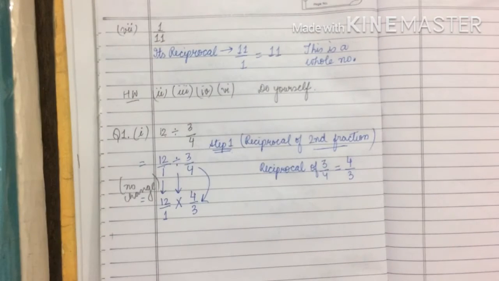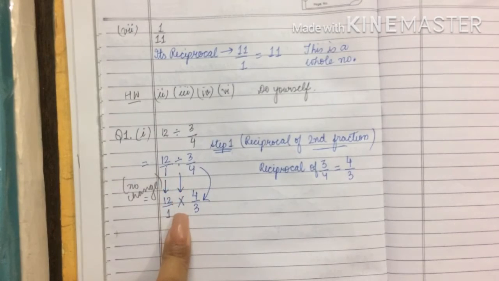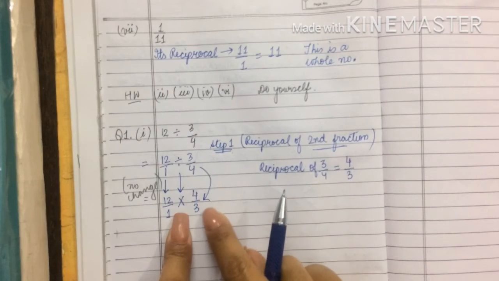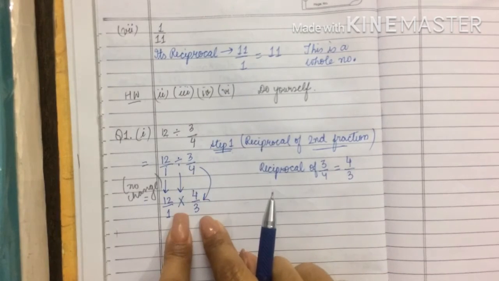So there are two things happening at the same time. The sign of division is changed into multiplication, and the fraction after the sign of division is inverted. You will be writing its reciprocal. So you do these two steps together.